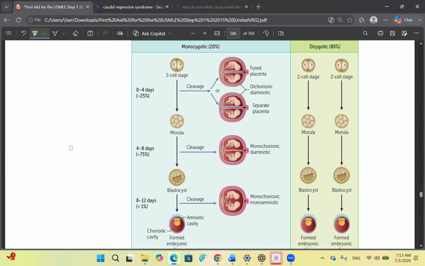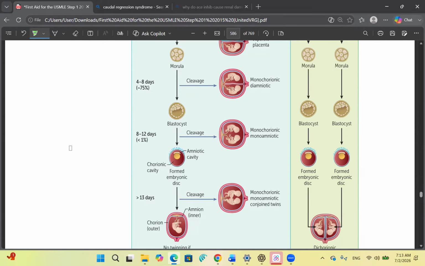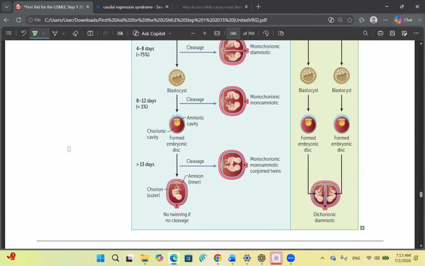And if it happens at the stage after morula development, there's going to be two amnions and only one chorion. And if it happens after blastocyst, there's going to be one chorion and one amnion holding the fetuses. And if the cleavage occurs after the development of the embryonic disc, there's going to be one chorion and one amnion, and the twins are going to be conjoined.